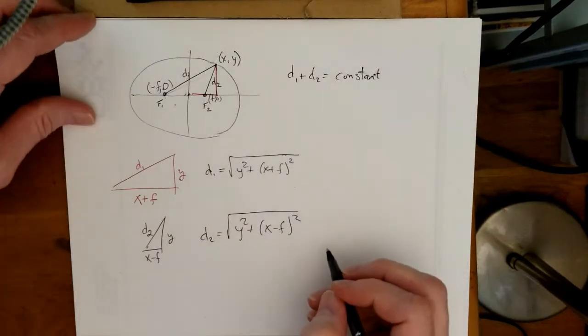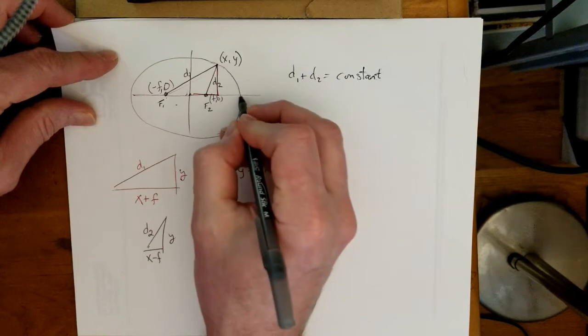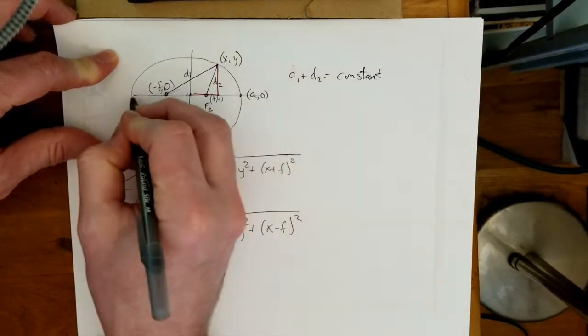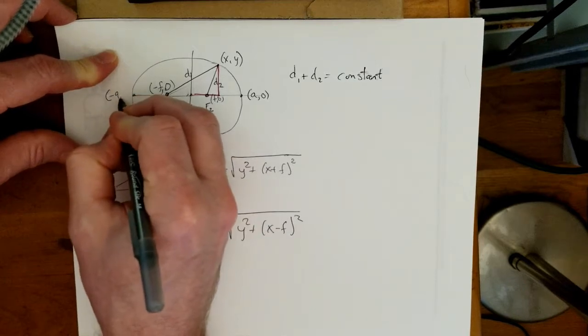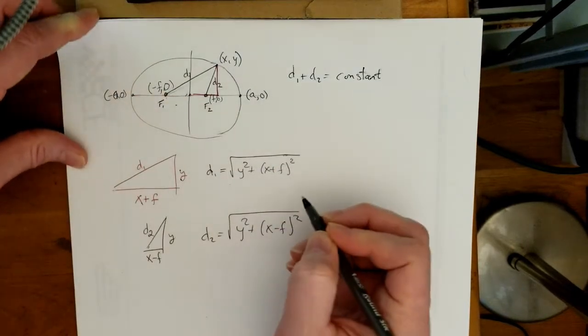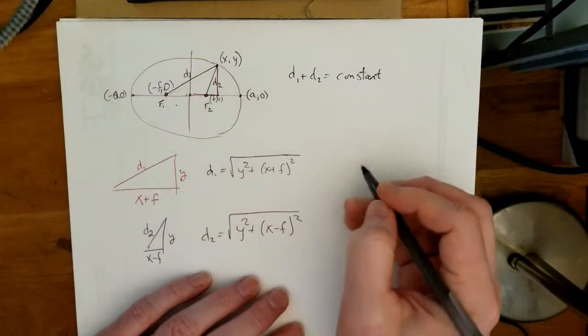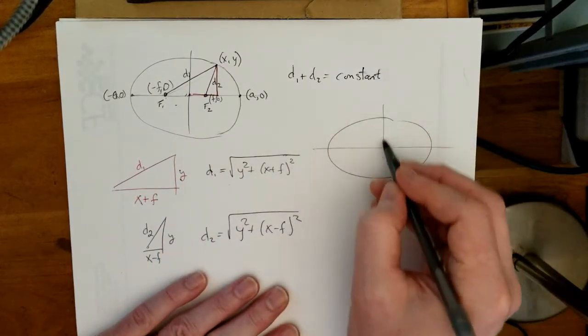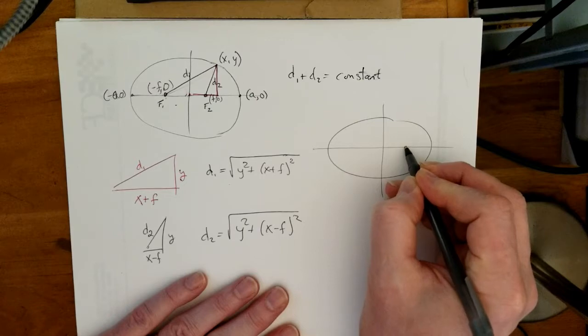Now the total distance, since I'm looking at an ellipse here: if I look at this extreme point, call this extreme point (A, 0), and because of symmetry, (negative A, 0).